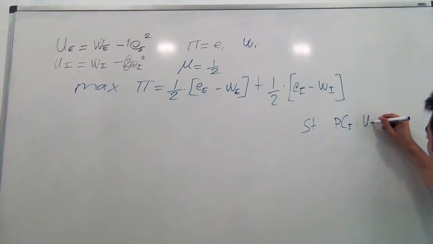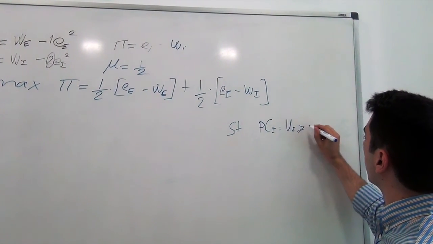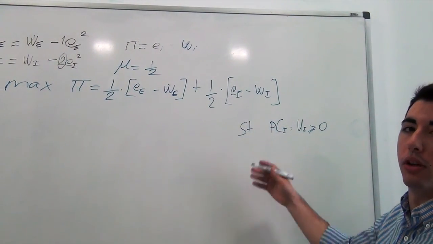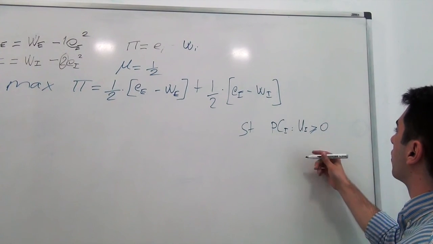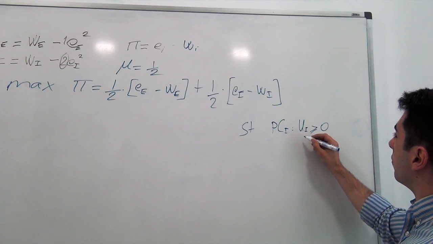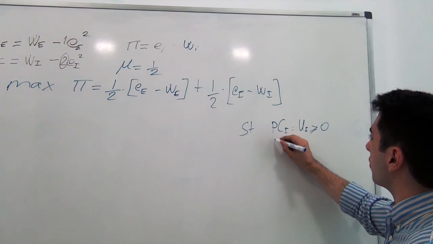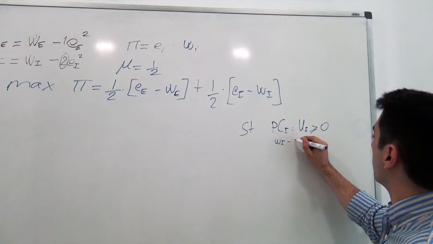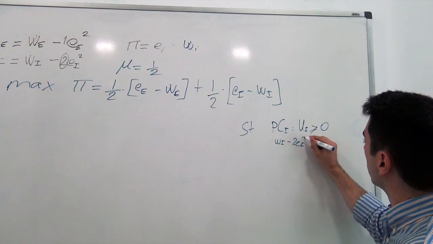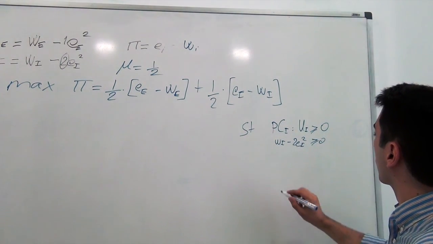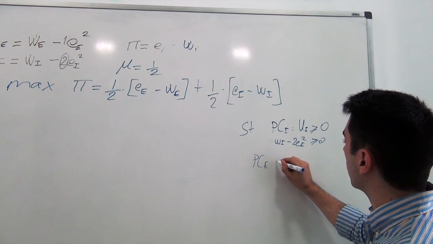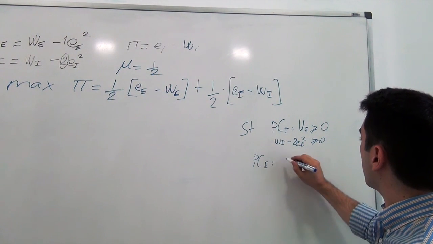The utility of the inefficient cannot be negative because he could choose to have a utility equal to 0 and be better off than otherwise. So this translates to simply this, and similarly, the participation constraint of the efficient type is this.